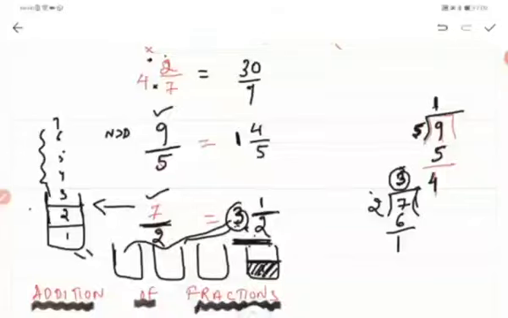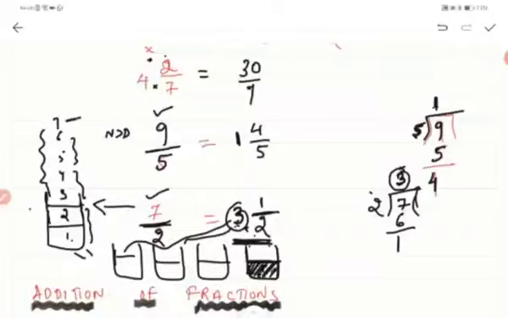So what you are doing is accommodating 2 in each whole container, which is sufficient. 3 containers you took whole, and in the last container you are accommodating one part. This one is left out, isn't it?